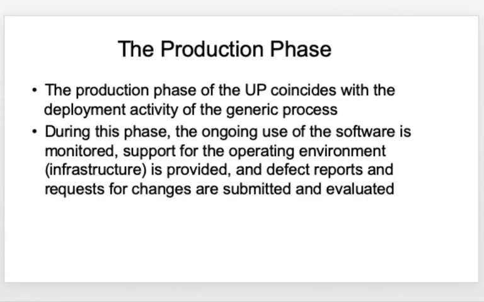During the production phase, you monitor the use of the software and provide the necessary infrastructure for the operating environment. In addition to this, you also look at defect reports, and requests for changes are submitted and evaluated.